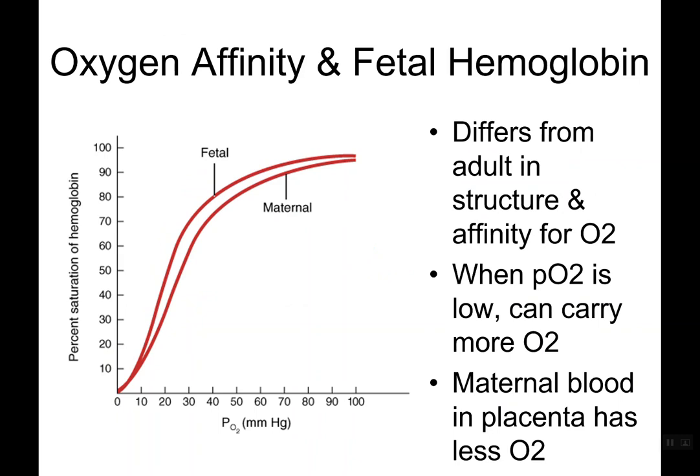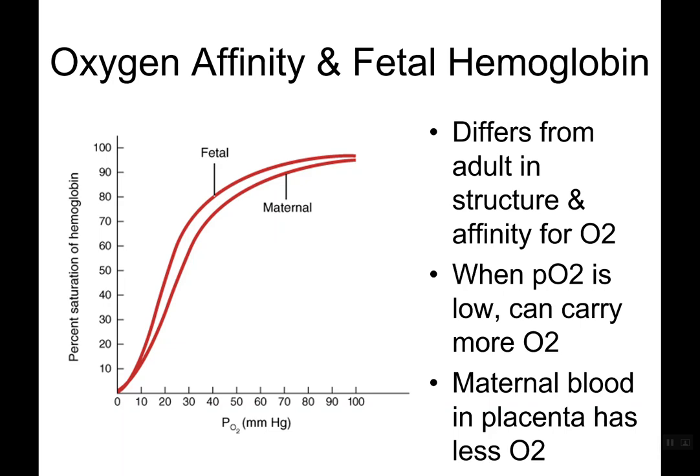You just need to know that fetal hemoglobin is different, and it also has a different structure and affinity for oxygen. That's because fetal oxygenation needs are a little bit different than in neonates or in adults. First of all, a fetus doesn't have to oxygenate its own blood. And second of all, fetuses tend to use oxygen differently as they grow and develop, because they don't start out fully formed, of course.